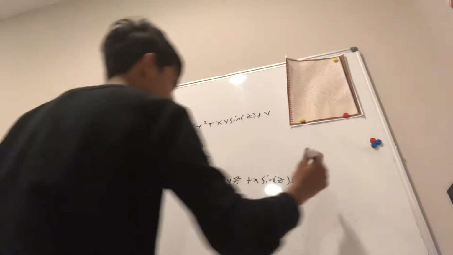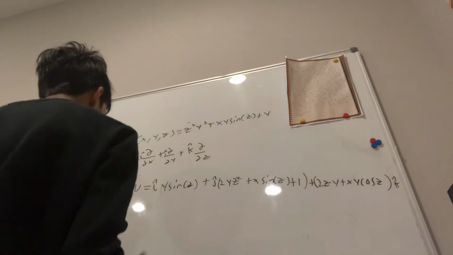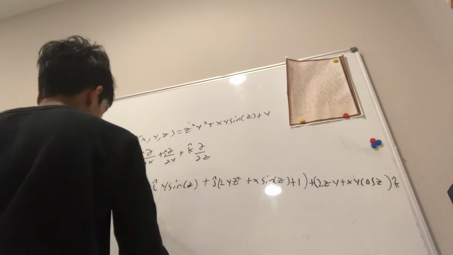plus 1. And finally, for the z component, this would be 2zy plus xy cosine of z, and times k hat. So if you wanted to find the force, well, you just take the negative gradient.